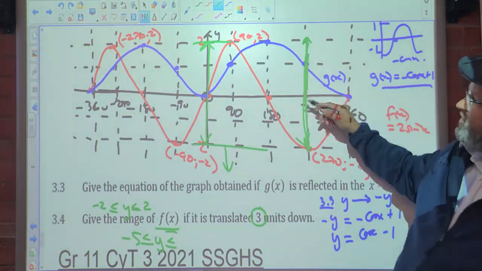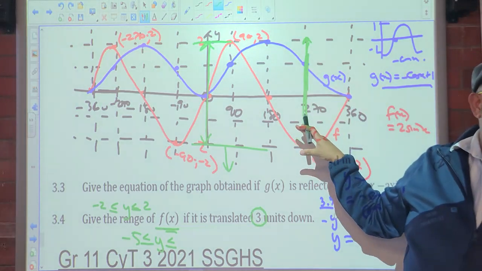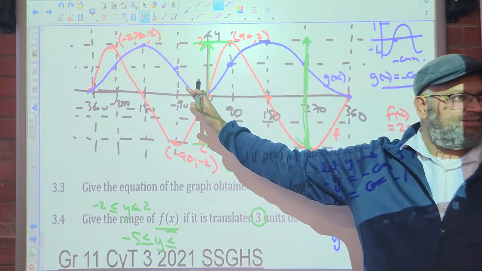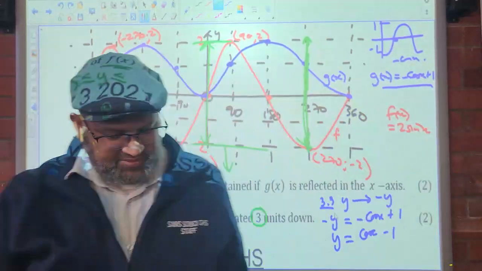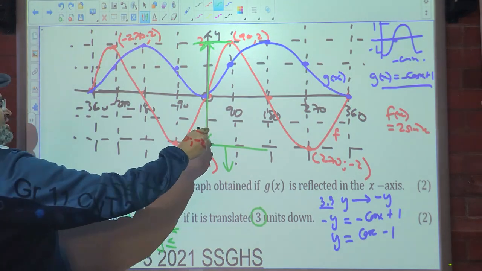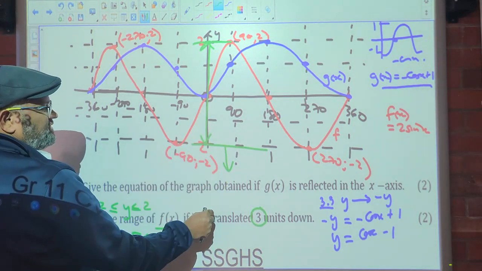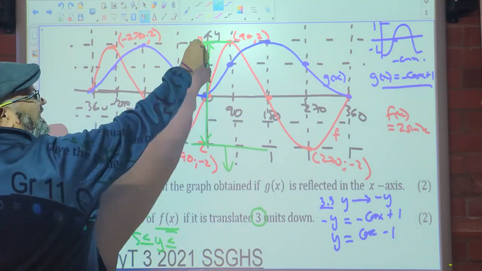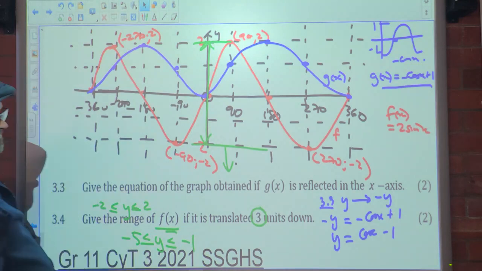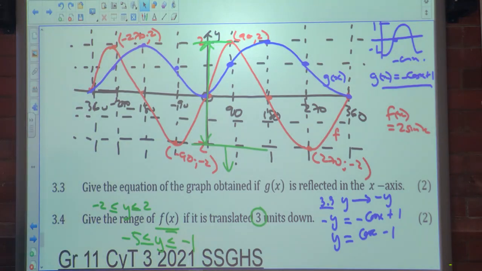Although it's across 4 units, the range is the values which it covers on the y. But now you bring this graph 3 units down, minus 2 goes to minus 5, and 2 goes to negative 1. So what do we call that? 4 units.